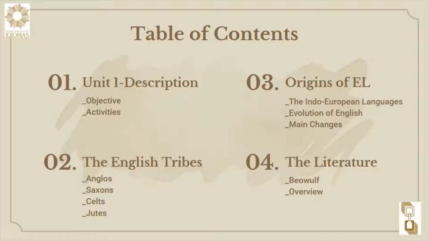Then we are going to go to the origins itself of the language, starting with the Indo-European family of languages, the evolution of the English and the main changes. And we are going to close the unit with the literature of the first period of the English language that is known as Old English. And here we're going to study the poem Beowulf.